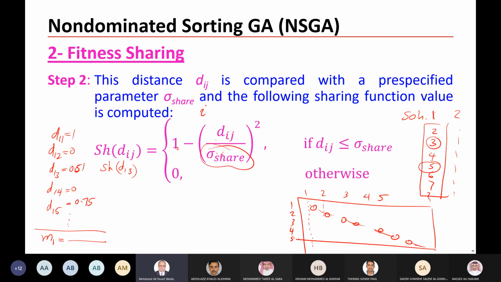And you go for solution 2, and you compare all distances here. All are zeros except the ones in the neighborhood. You circle, you have the distance here, you have sigma share defined, then you calculate, and so on. This is why I mentioned the minimum value of M is at least 1 for all the solutions outside the neighborhood. The sharing of this solution is 1. I hope this is clear now.